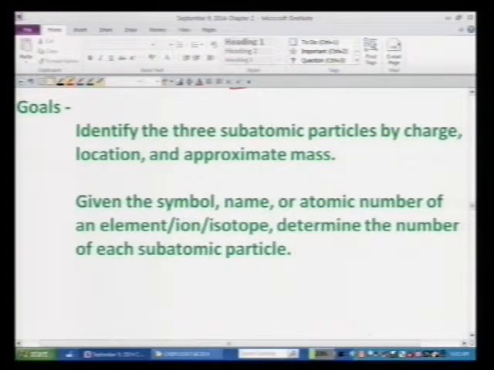And if I give you the symbol, the name, or the atomic number, so any of the 3 identifiers from the periodic table, you need to be able to determine whether that's an element, an ion, an isotope, and determine the number of each subatomic particle. Okay, and that's what we're going to cover next.